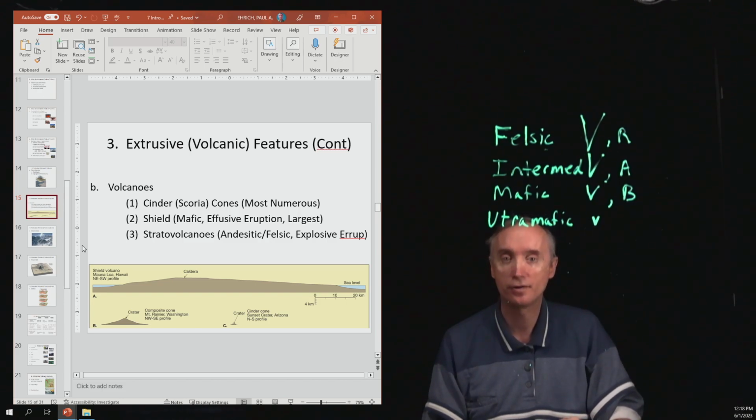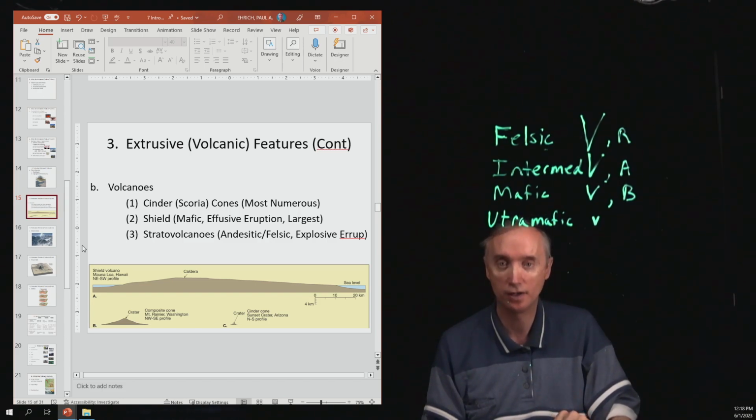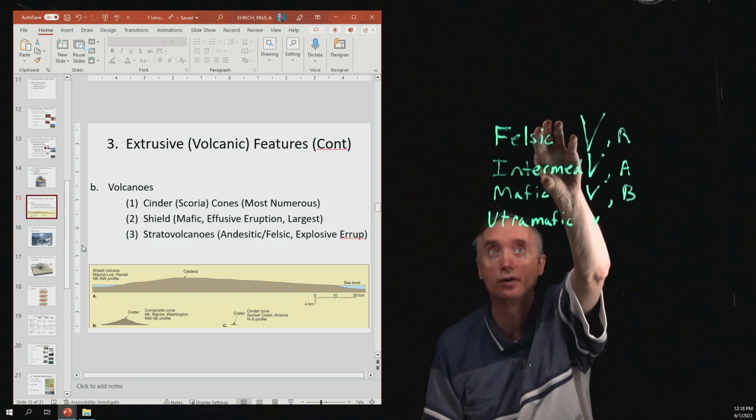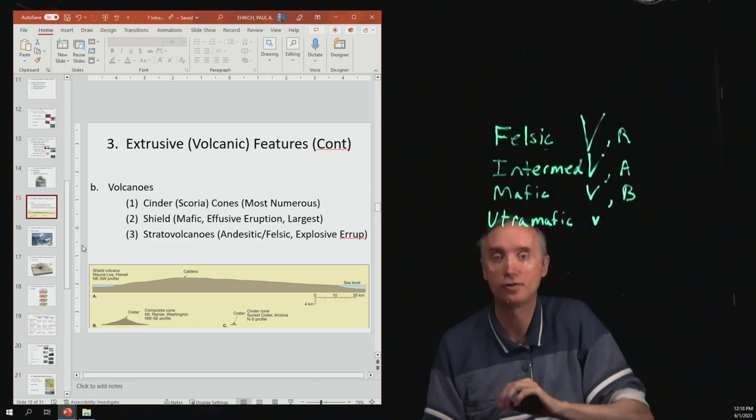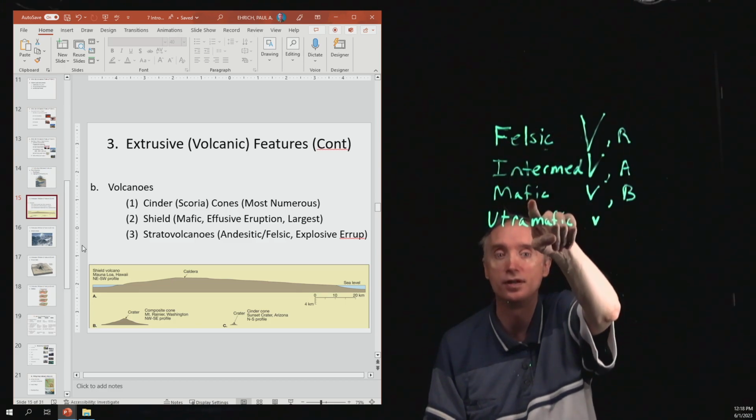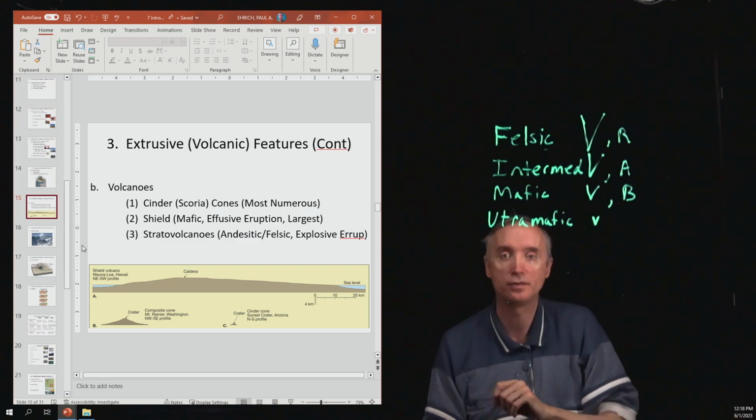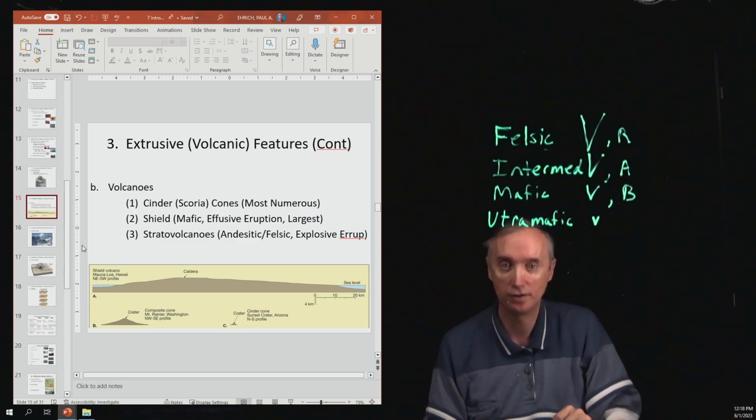Then you've got your stratovolcanoes or composite volcanoes. These are going to be andesitic and felsic. So these two up here tend to make the stratovolcanoes, whereas this type here tends to make the shield volcanoes.